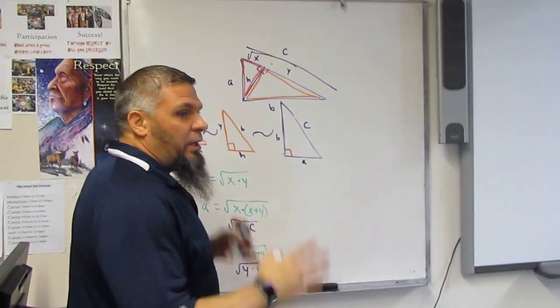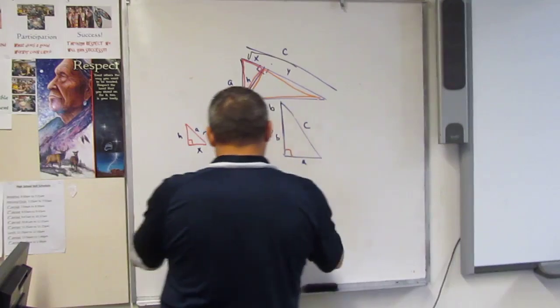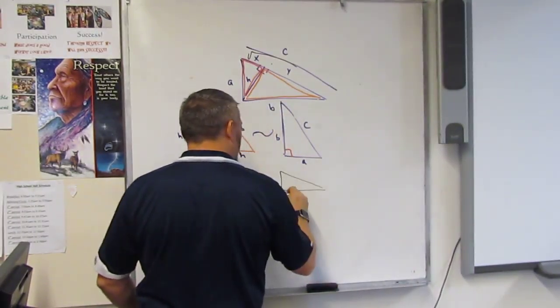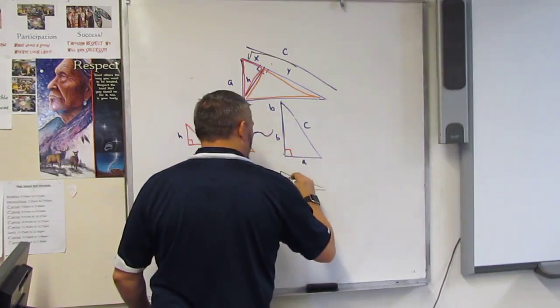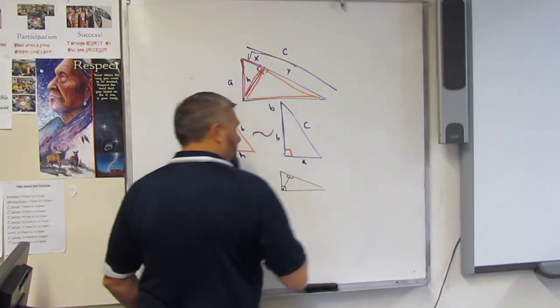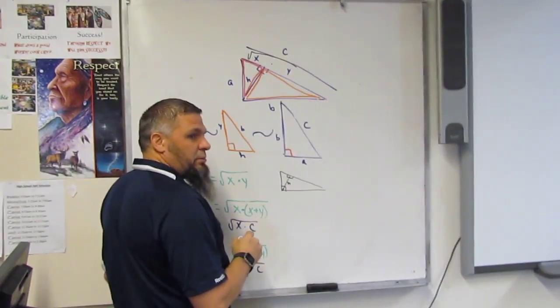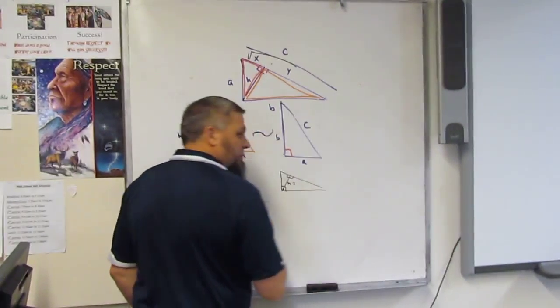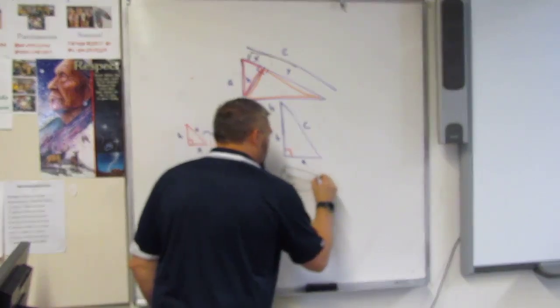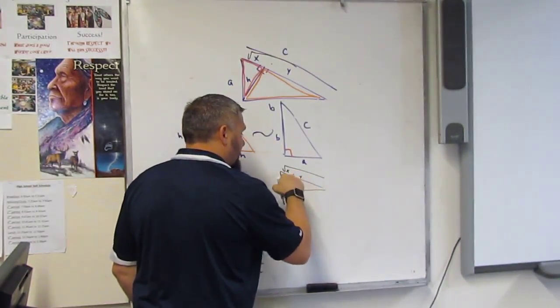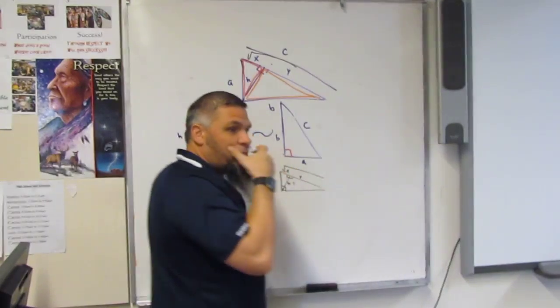So h is equal to the square root of this x times this y. This piece times this piece.